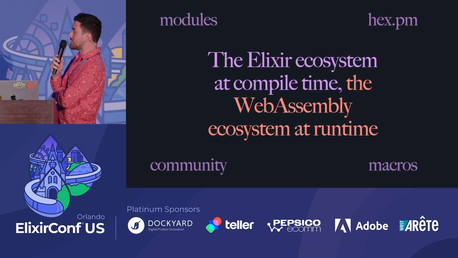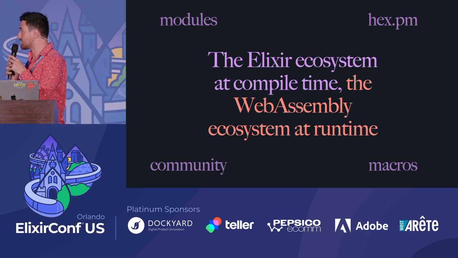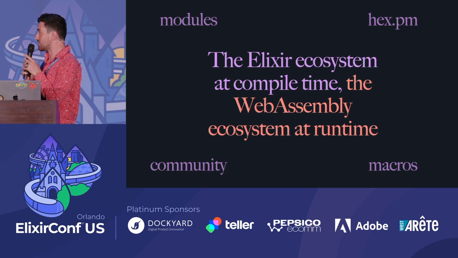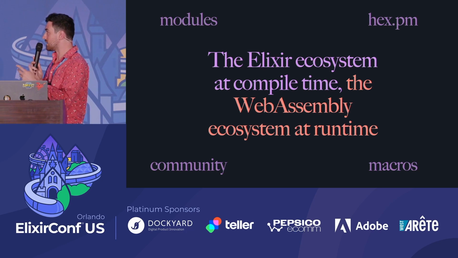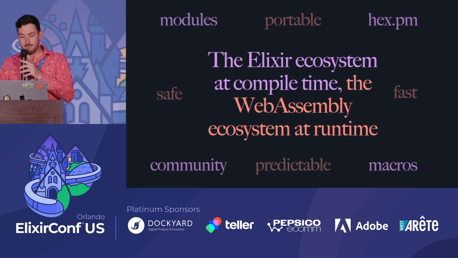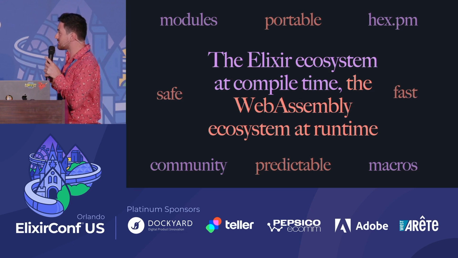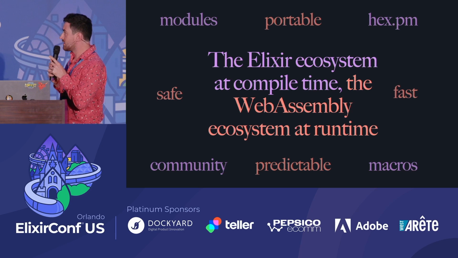Hex, got the amazing community. We've got macros. You saw some of the stuff with the state machine, but I have a whole ton of ideas of making high-level DSLs to make this stuff really nice to use. And then WebAssembly, it's portable, fast, safe, predictable. So there's this really interesting marriage here, I think.